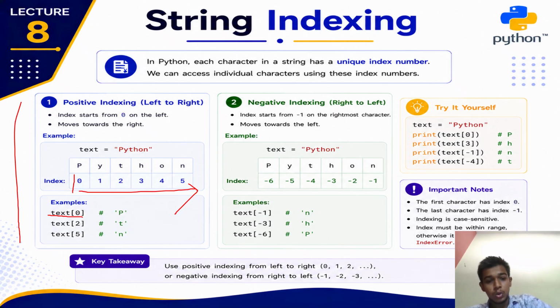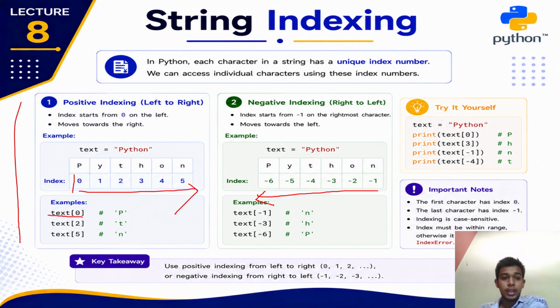Now let's look at negative indexing. Negative indexing starts from the right side of the string. Here, the last character always has index -1. You can see this is from left to right and this is from right to left.